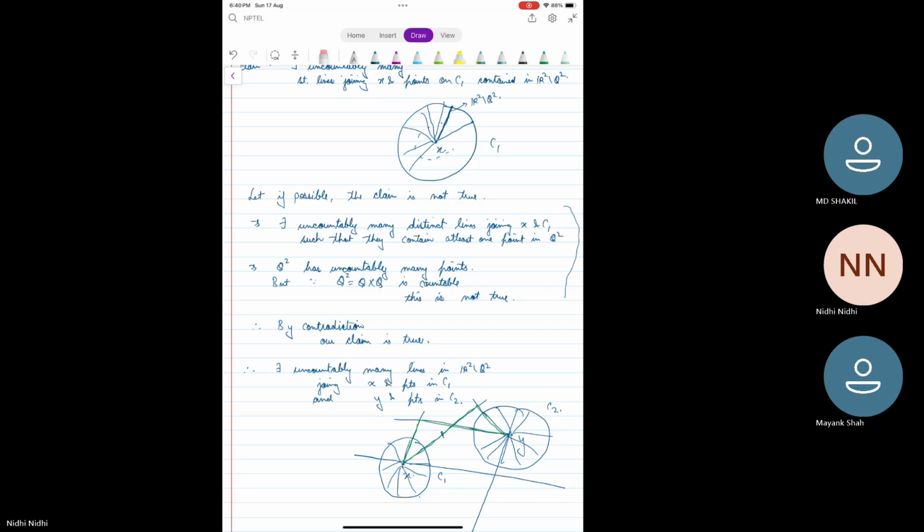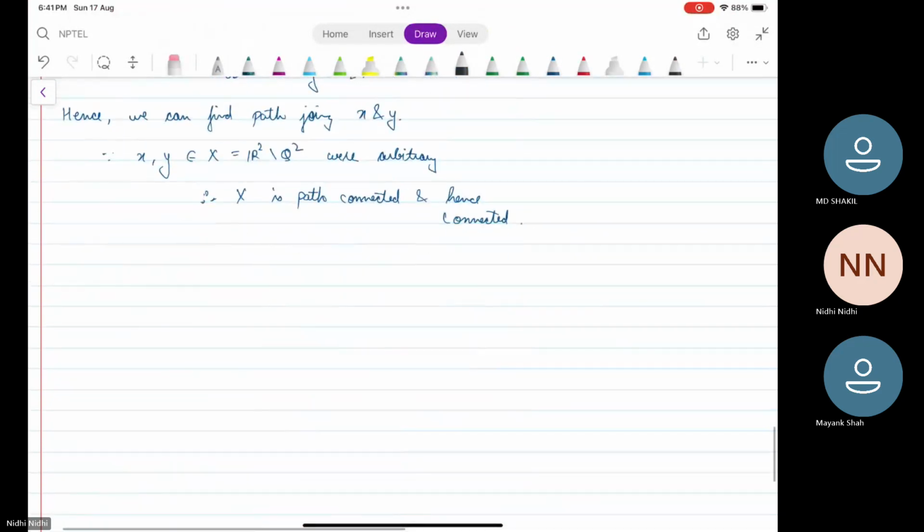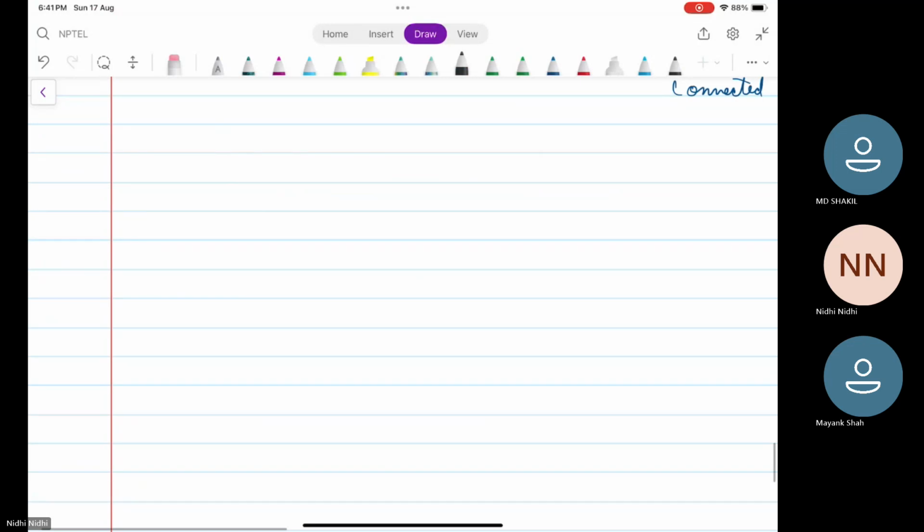Next, we will start with differential calculus. So suppose f is a function.